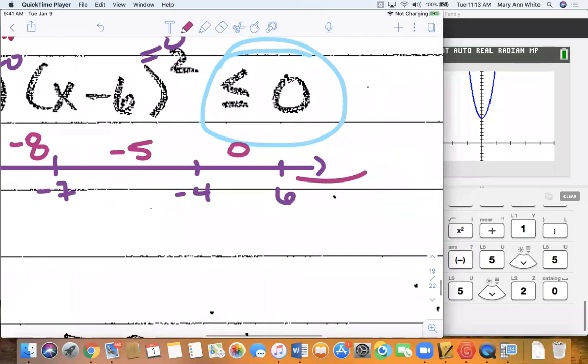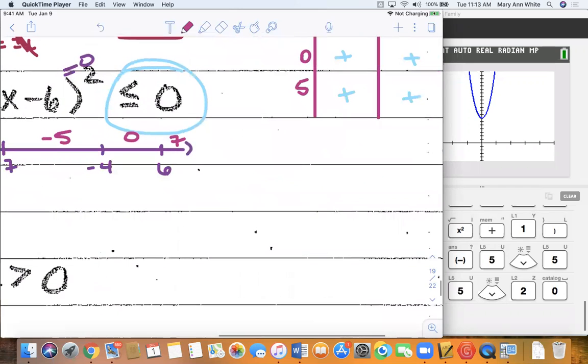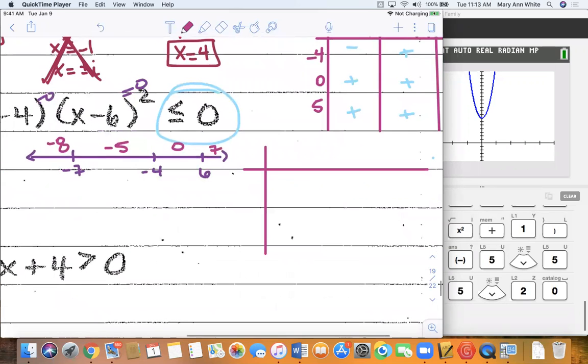Now, a lot of us want to forget about this last interval. That's a common thing I've seen with my pre-cal students in the past. So don't forget to also do this one. I'm going to do 7. Again, there's no right or wrong answer. That's just what I think is the easiest numbers of those sets. I'm going to do my little sign chart over here.